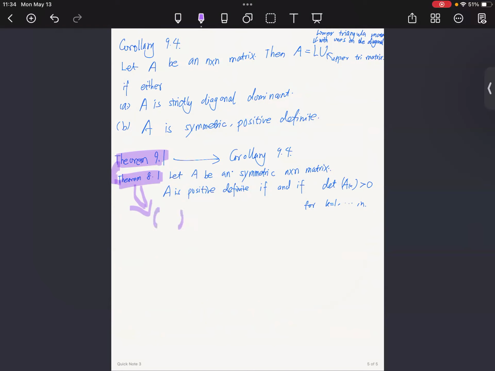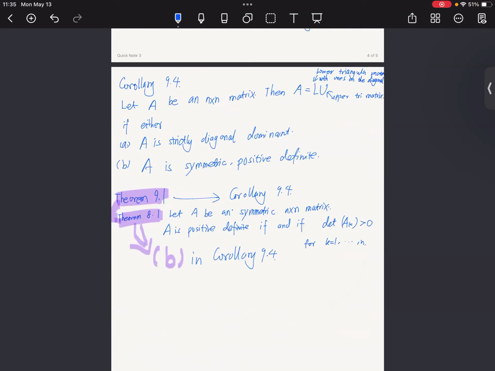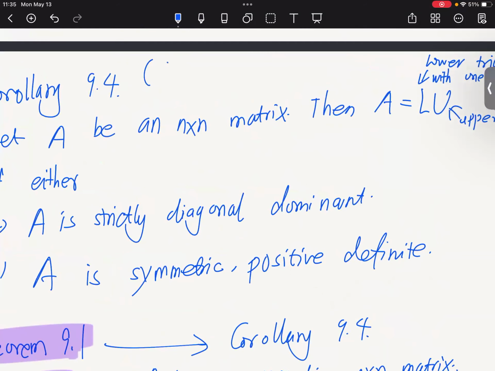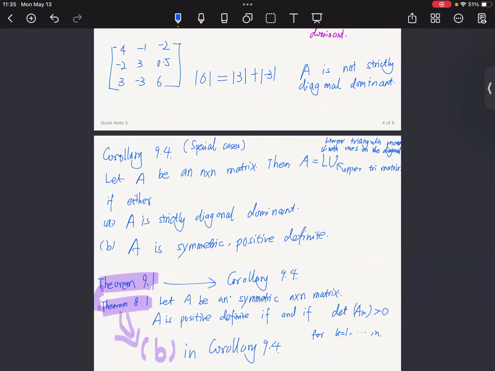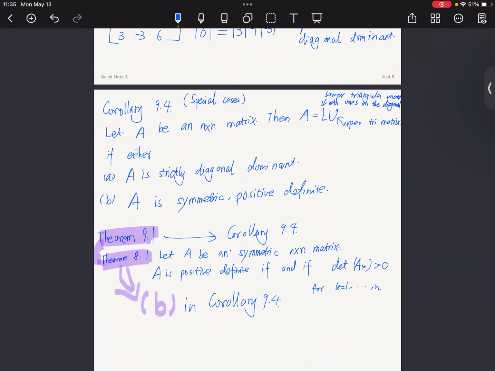Combining the 9.1 and 8.1 theorems, we get the B part in the corollary 9.4, and let me just write it down here. These are the special cases. So don't mix the corollary 9.4 with the theorem 9.1.